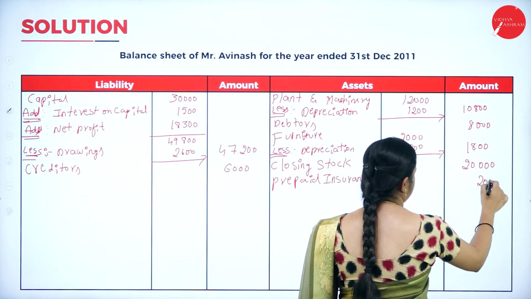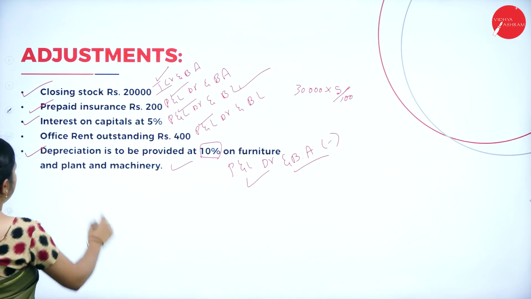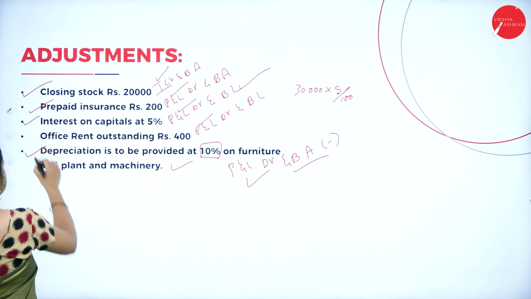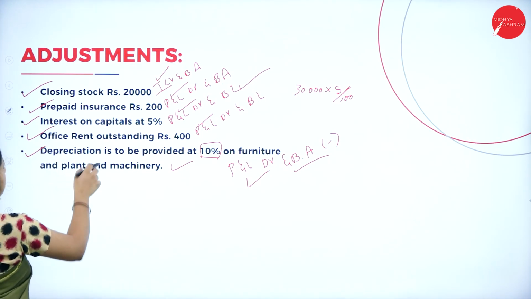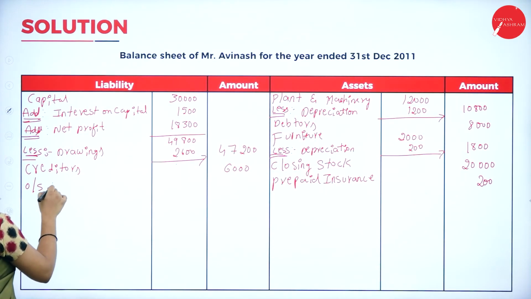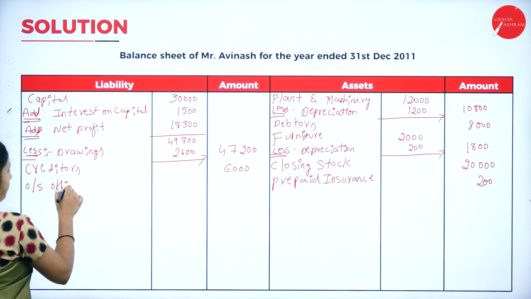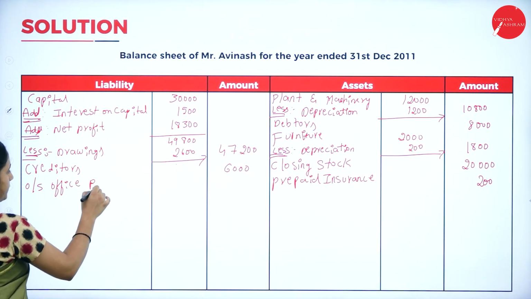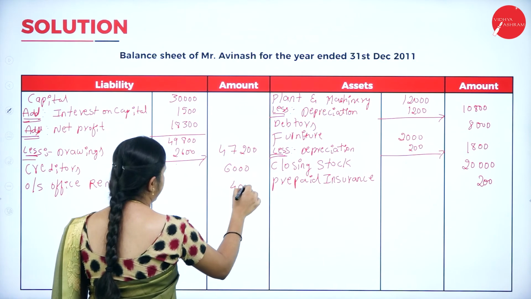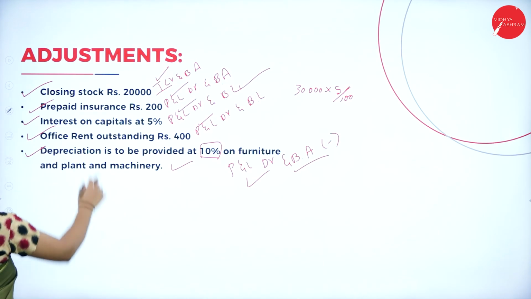Prepaid insurance 200. Next, outstanding office rent 400. Balance sheet liability side. Outstanding office rent 400, right? Then we finished all the adjustment entries.